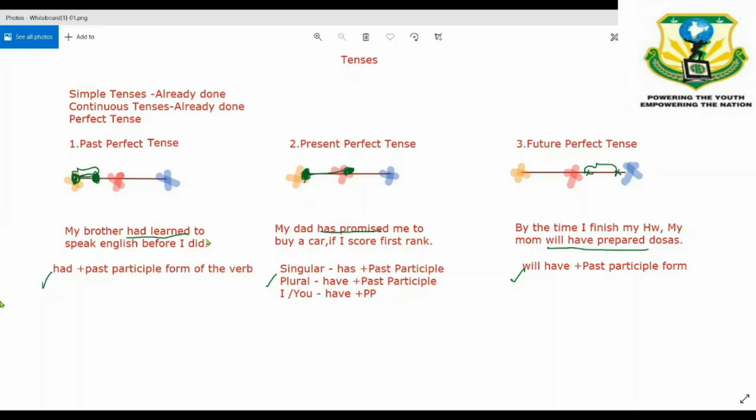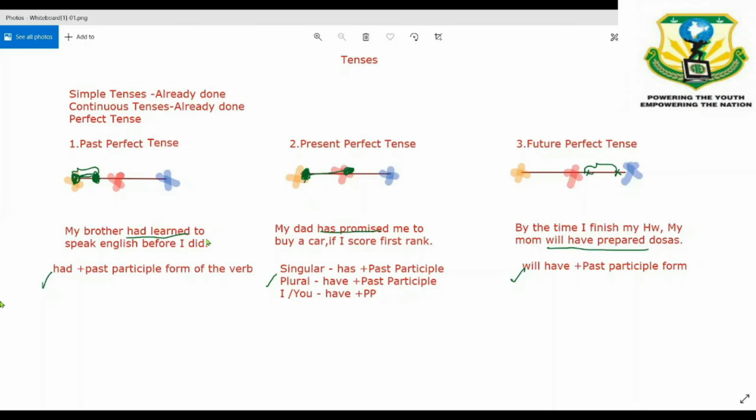The last thing is future perfect tense. In the future perfect tense, if you could see, both the activities will be starting in the future and will be ending in the future. For example, by the time I finish my homework, my mom will have prepared dosas. So both are not done yet, both will be happening, right? So the basic format is will have plus past participle form of the verb.